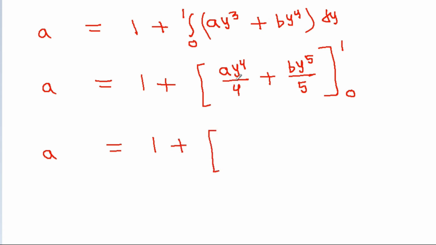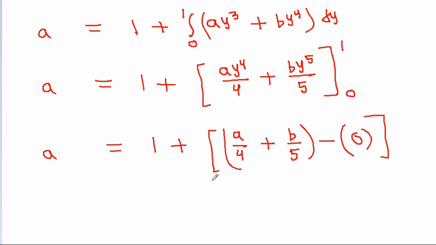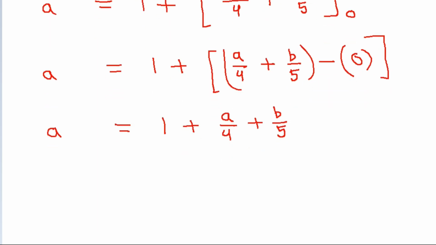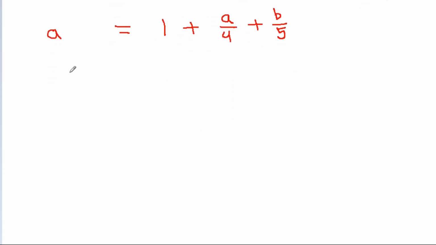If we put y is equal to 1, then we will get a by 4 plus b by 5, minus, if we put y is equal to 0, then we will get 0. So a is equal to 1 plus a by 4 plus b by 5, and a minus a by 4 will be 3a by 4 is equal to 1 plus b by 5.